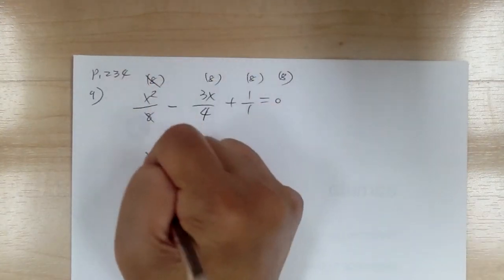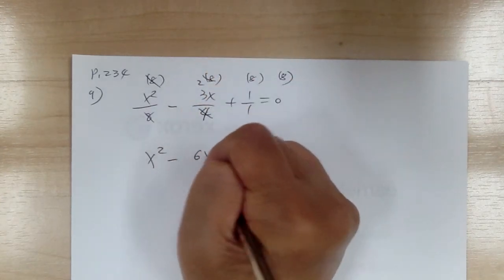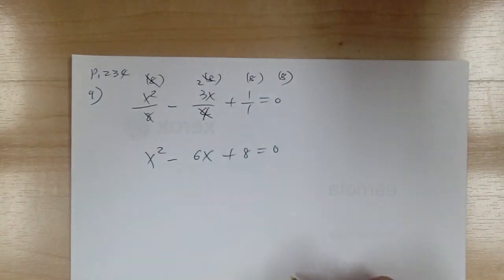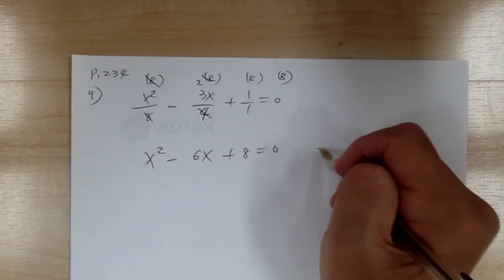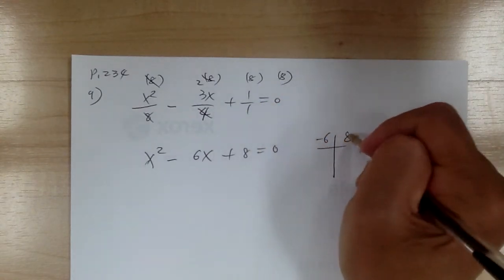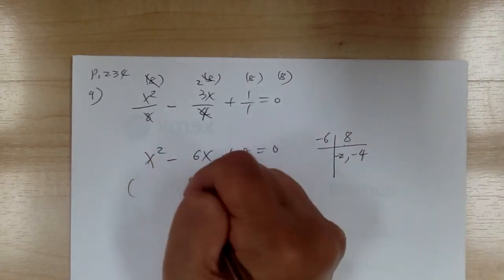So this cancels out, so it would be x squared minus, this cancels, you get 2, so it would be minus 6x plus 8. Now 8 times 0 is still 0. Okay? And from here you have to do the factoring. So go through the steps 1, 2, 3, 4. So master product. So it would be negative 2, negative 4.